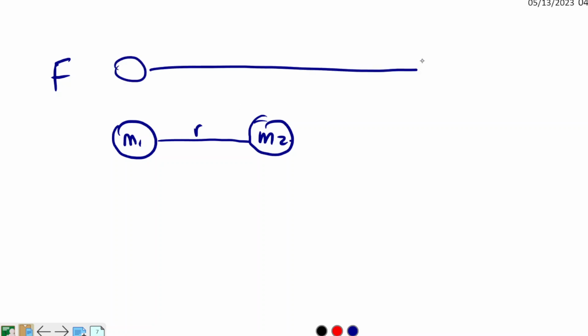So when you have two objects, let's say this is object 1, this is object 2, and you have a distance between them, if the distance between the two objects is short, the force is going to be greater.